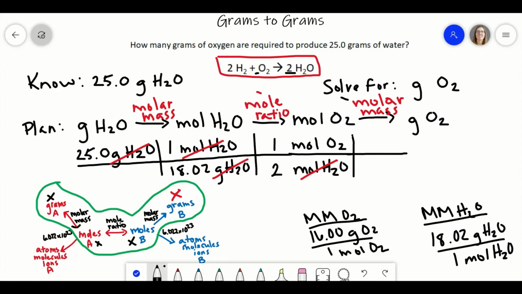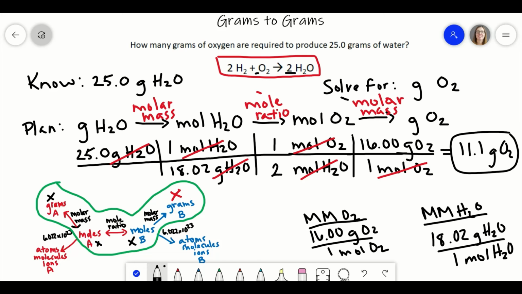So the grams of O2 go on top, and the moles of O2 go on the bottom. And so my units of moles of O2 have canceled out. I'm in units of grams and I'm ready to solve. So then I'll plug this into my calculator to get a final answer. And I end up with 11.1 grams of O2. And that's the final answer.